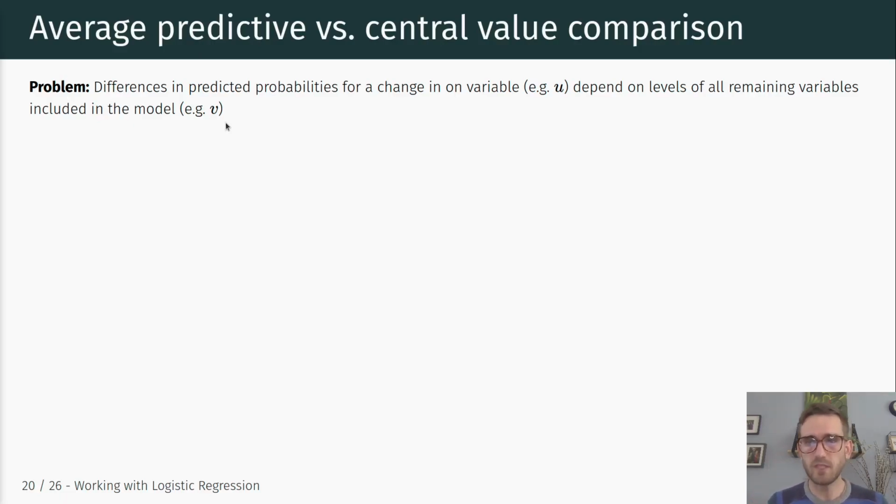So one obvious option could be to set all the remaining variables equal to some fixed value, for example, equal to the mean or equal to the median, right? In a lot of practical applications, this works quite well, but there can actually be problems with this kind of strategy.